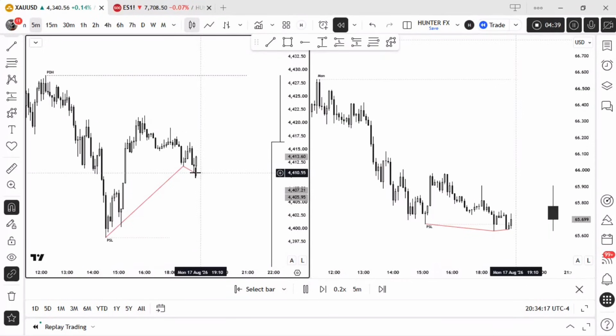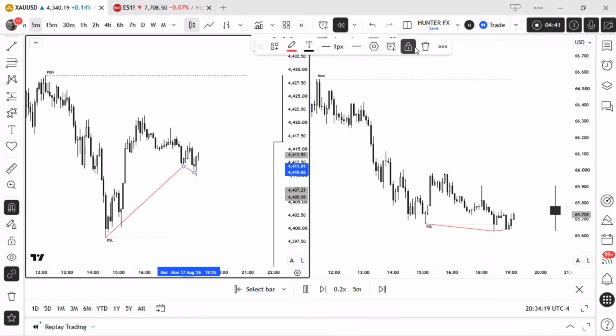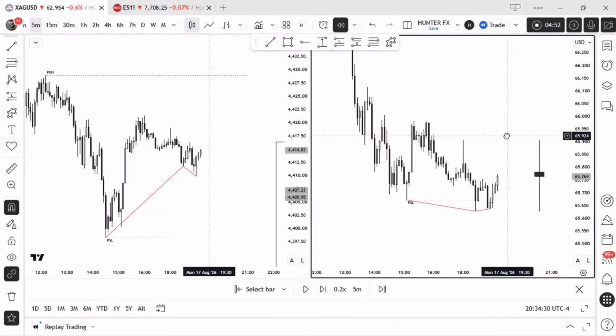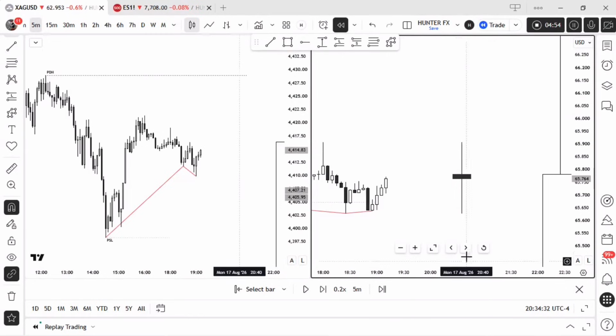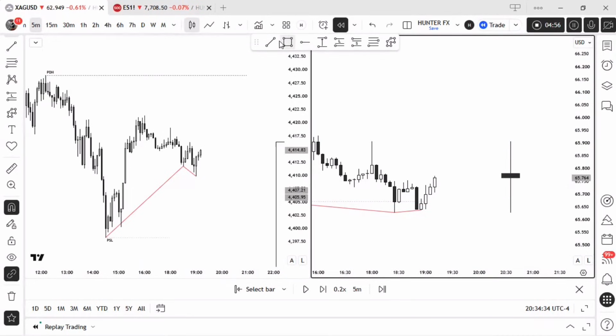As you can see, price is beginning to push towards the bullish direction. Now, take your eyes on silver. I see we have a change in the state of delivery right here.